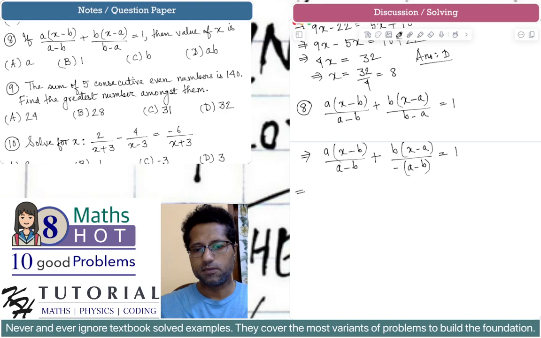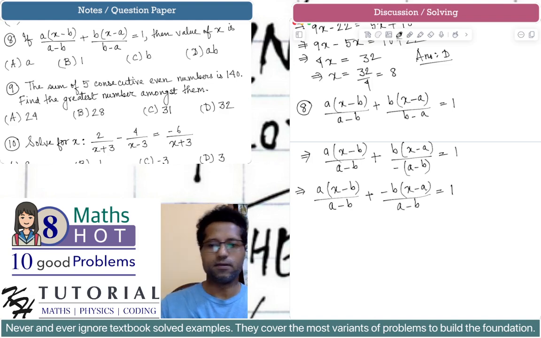So this implies we have a into x minus b divided by a minus b. Now the second term, b into x minus a divided by minus a minus b, we can consider as minus b into x minus a divided by a minus b, is equal to 1.